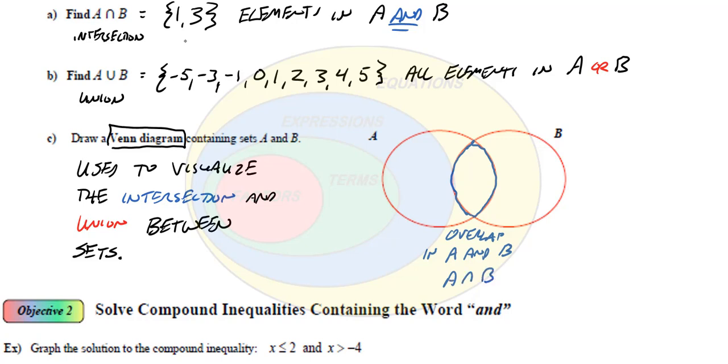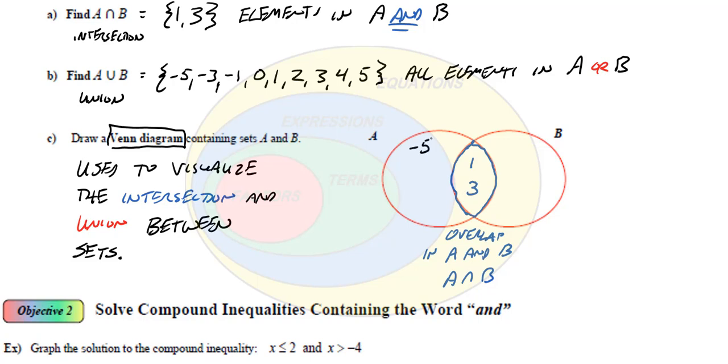So we know that the intersection of these two lists is 1, 3. So in a Venn diagram, the 1 and 3 would be inside that kind of football shape representing that overlap. The rest of the elements in A would be just in the circle of A, but not in that overlap.